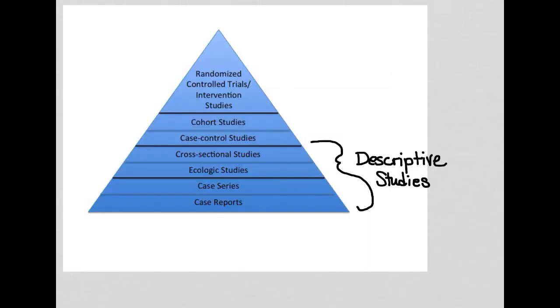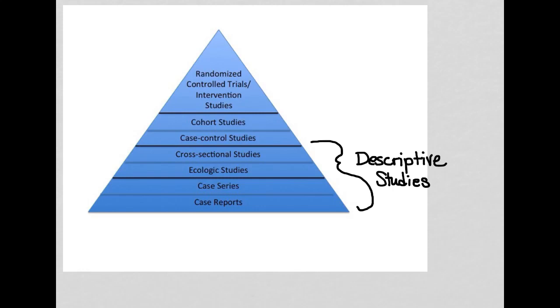Okay, so now we have described all of the descriptive studies, and overall the limitations of descriptive studies are that we can't test hypotheses about the causes of disease. And as we just saw, looking at the difference between prevalence and incidence, this is because for all of these descriptive studies, we have no information about the time course of the variable.